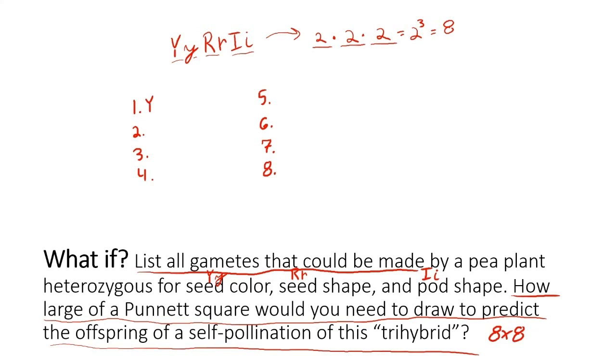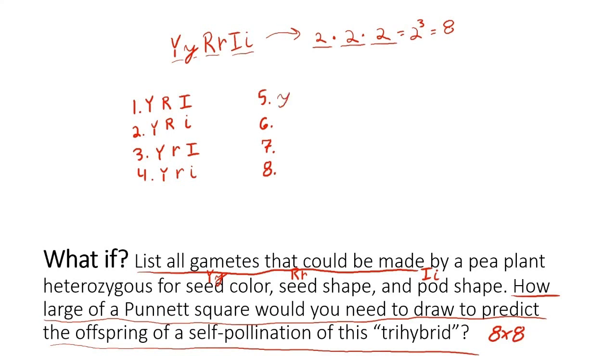So capital Y, capital R, capital I. That's my first possibility. Capital Y, capital R, lowercase i. Possibility 2. Capital Y, lowercase r, capital I, capital Y, lowercase r, lowercase i. That's all the possibilities that exist with just a capital Y at the beginning.